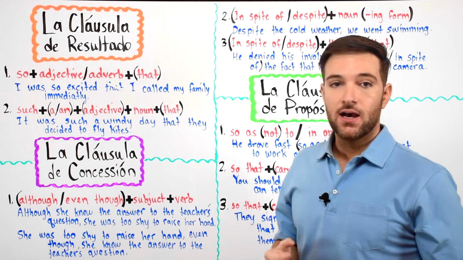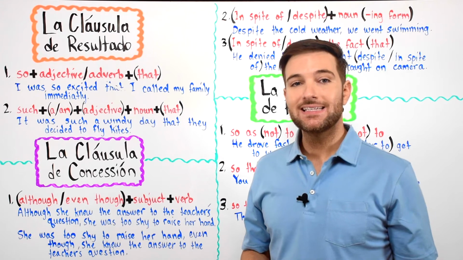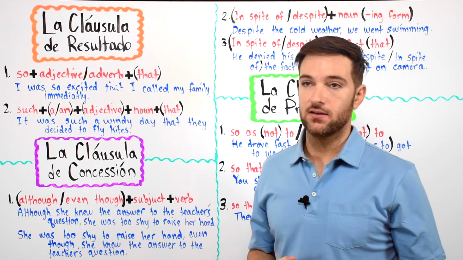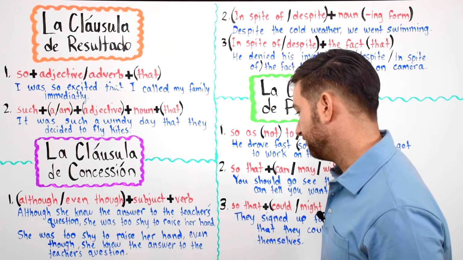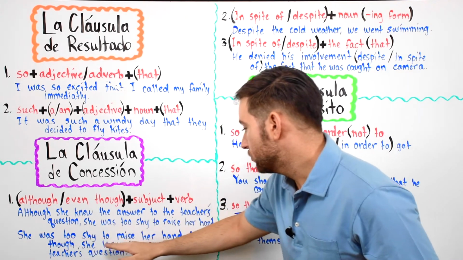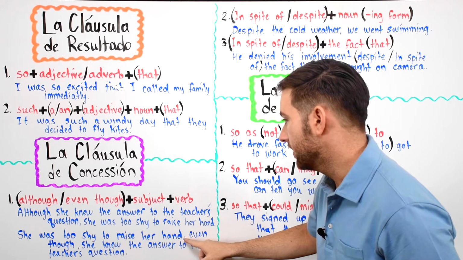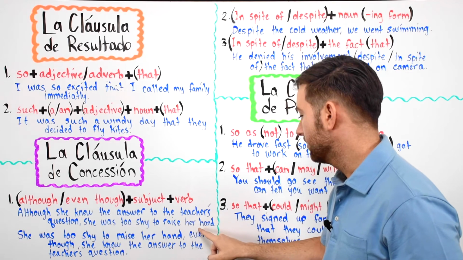Asegúrense de colocar la coma antes de las palabras although y even though, cuando las pongan en el medio de la oración. For example, we have a comma right here. She was too shy to raise her hand, comma, and then we put although or even though after the comma.